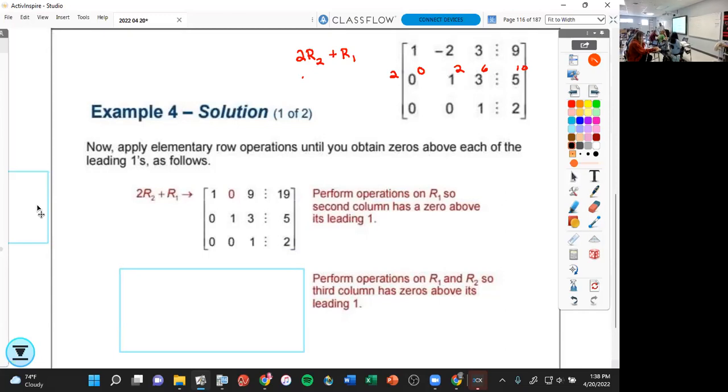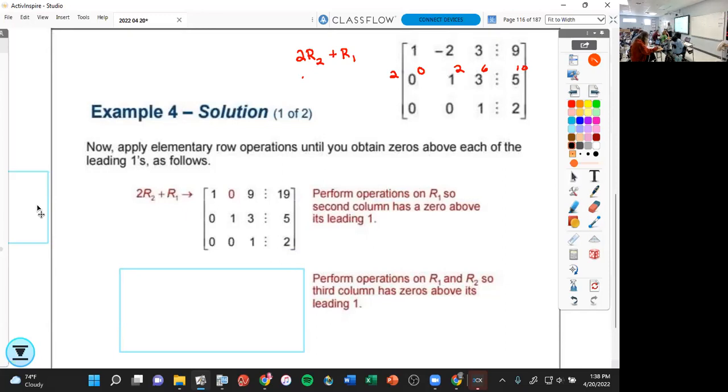Okay. So the goal is to make all of these zeros, and they already are, and I want all of these to be zeros. I still need to get rid of a 9 and a 3. So other than Parker, what can we do? Now this is now row 1, right? What can I do to get rid of the 9?